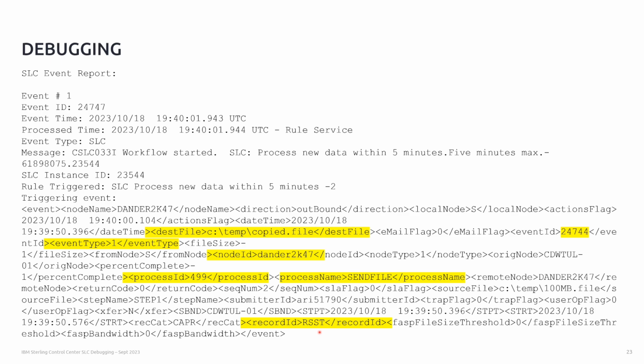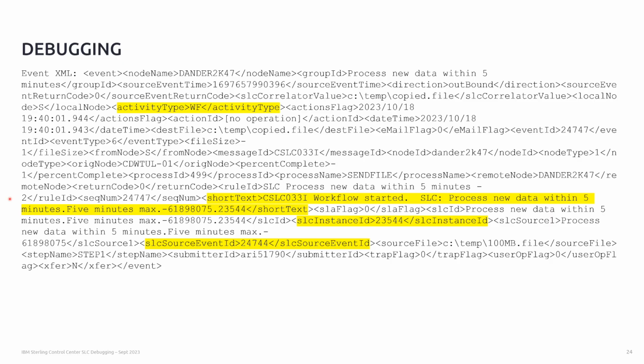After the triggering event, we'll actually see the SLC event from it. We can see that, okay, it was at the workflow level. Here's that message. Here's that SLC instance ID, and here's that SLC source event ID 24744, and that was the event ID that we saw of the triggering event.